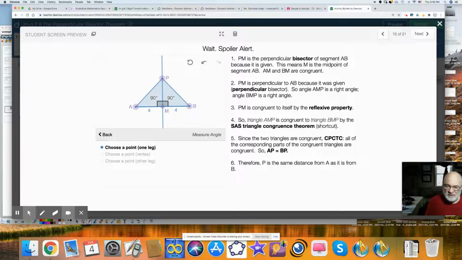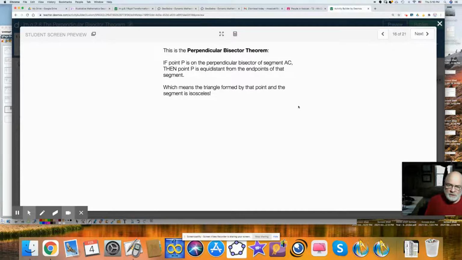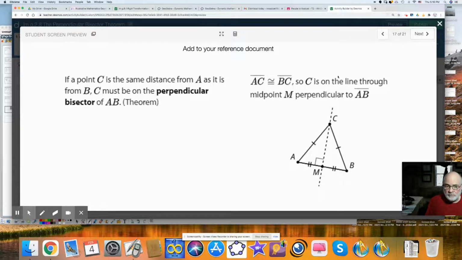That means that the distance has to be the same from A as it is from B, because they're congruent. This is the perpendicular bisector theorem. If point P is on the perpendicular bisector of segment AB, then point P is equidistant from the endpoints of that segment, which means that the triangle formed by that point on the segment is an isosceles triangle. Write this and put this into your reference document.